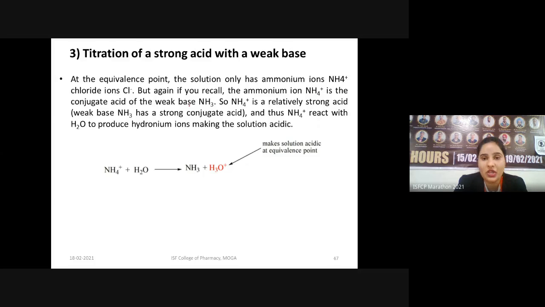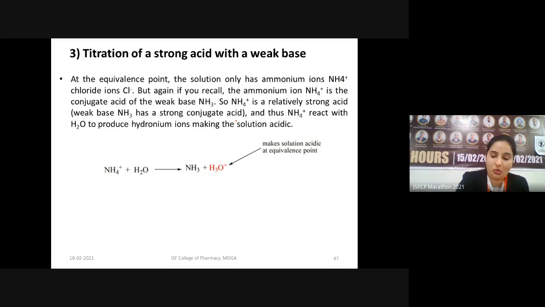When it is dissolved in water, it is going to release protons into the aqueous medium, and because of the release of protons, our solution becomes acidic in nature. So because of the formation of ammonium ions at the equivalence point, the solution becomes acidic in nature.